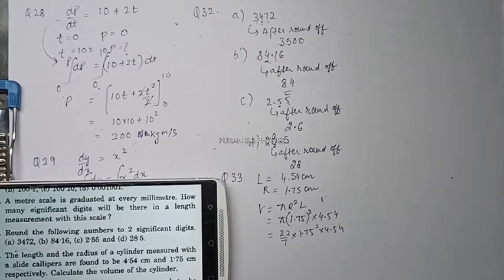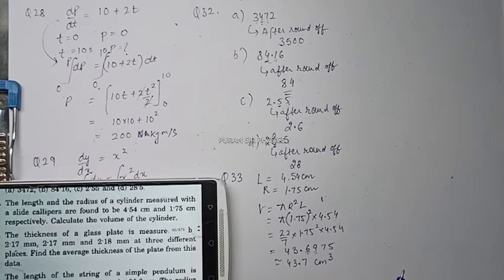If we solve this, we will get 43.6975. Now we have to round it off to 3 significant figures. Here is 9, so it will increase by 1. So this will become 43.7 centimeter cube. So this is the answer of question number 33.